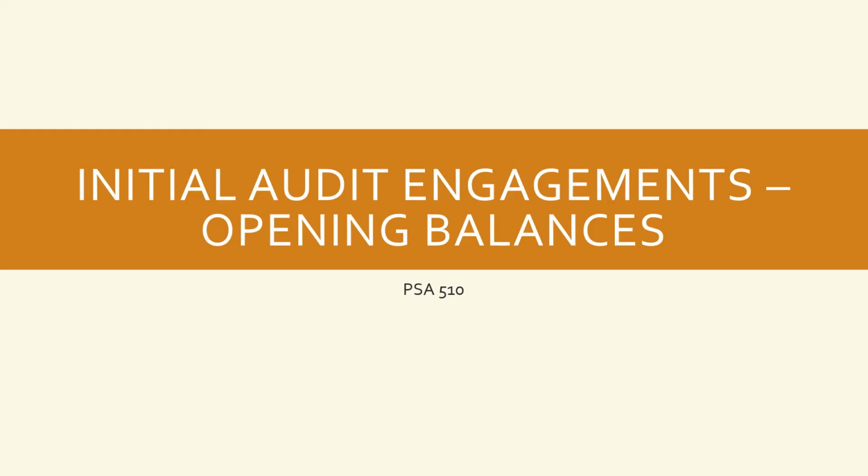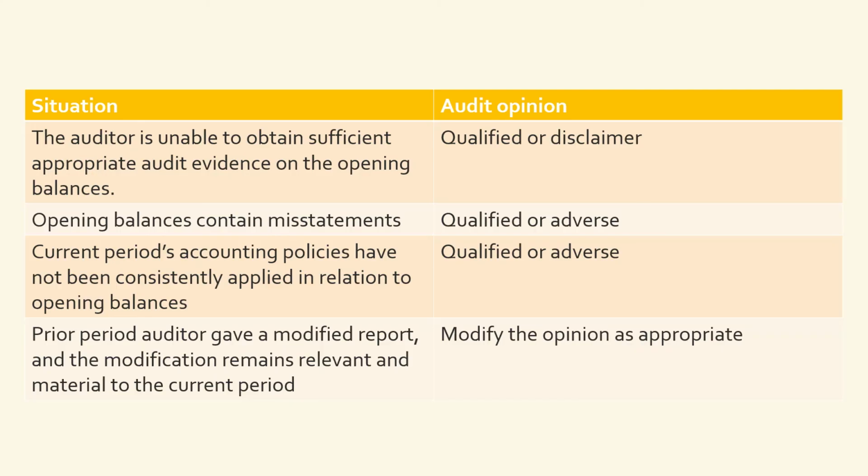Now, a while back, we made mention that it is possible that the prior period was not audited at all. So let's now take a look at beginning balances, or opening balances rather. Most particularly important for auditors who are auditing a company for the first time, where the beginning balance may not yet be audited. So what is the responsibility of the auditor?